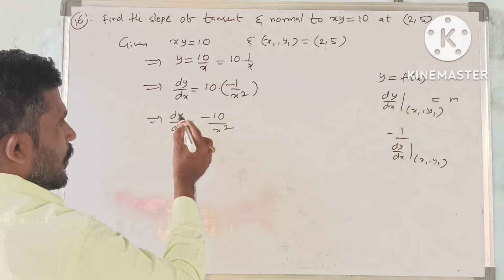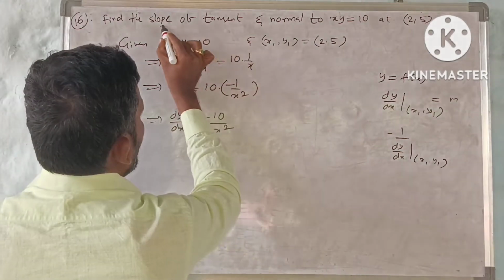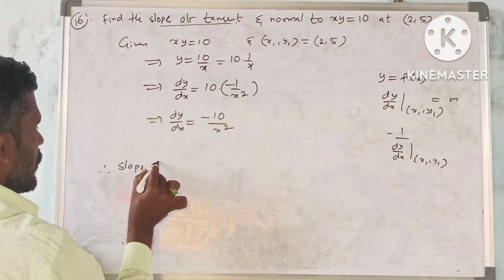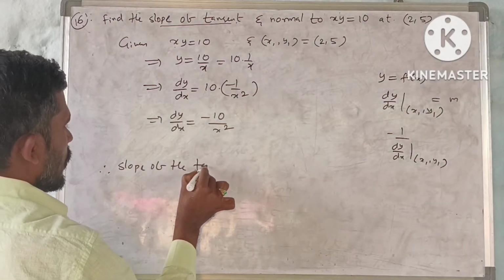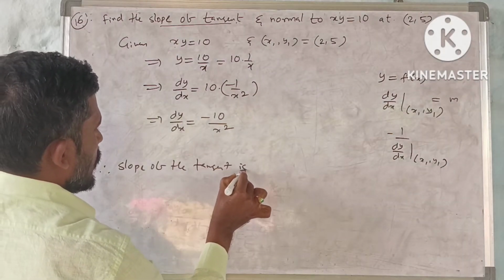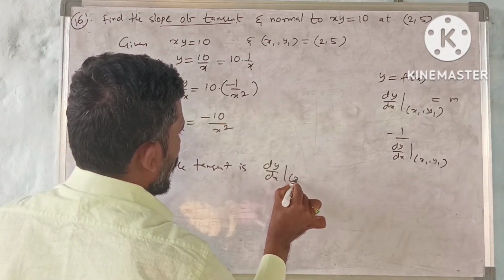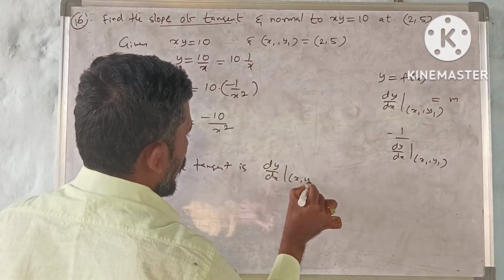You got only the derivative, but what you want here is the slope of the tangent. The principle is that the slope of the tangent is dy by dx at x1 comma y1.